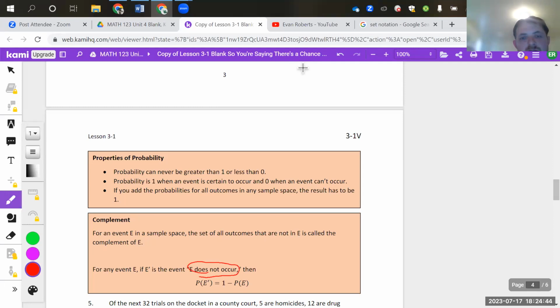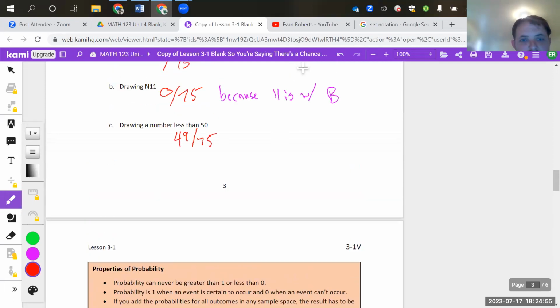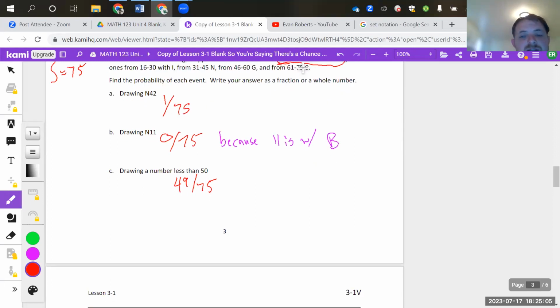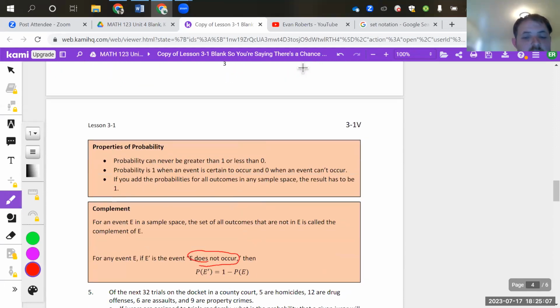Or what's the complement of hitting a home run? The complement would be not hitting a home run, or whatever the scenario would be. Even if you said, what's the complement of drawing the letter B? The complement of drawing the letter B would be any I, any N, any G, any O. So again, complement just means not the specific thing you're talking about.